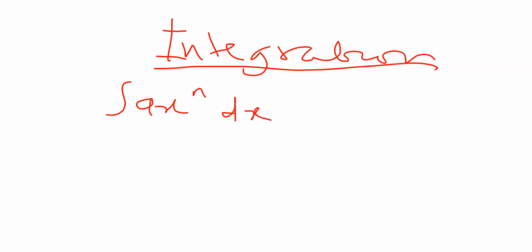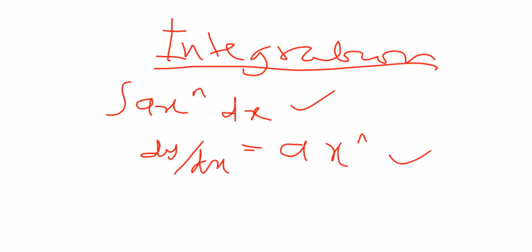This symbol you are seeing in front is what we call the integral symbol. There are two types of integration you can talk about, definite and indefinite. What I've written here now, I can also write as dy dx is equal to ax raised to power n. This and this are the same.